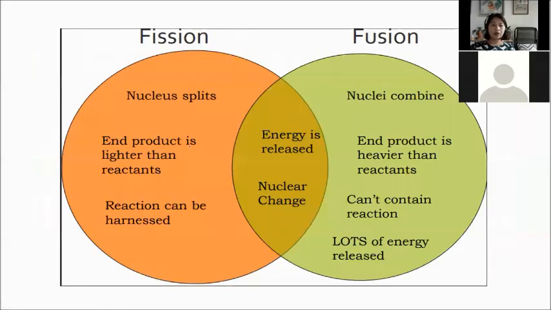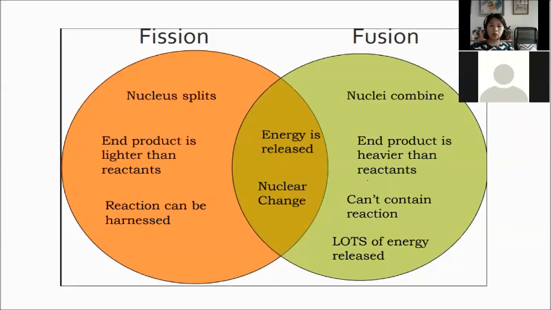Okay, we have this Venn diagram between fission and fusion. Fission, there is splitting of nucleus, while sa fusion, there is combination of light nuclei. So the end product ng fission is lighter than the reactants.